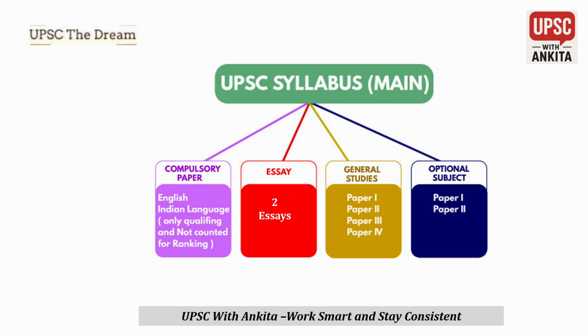Then the general studies papers. We will explain the syllabus later. Before that, we have four papers in general studies, and each paper carries 250 marks, and in total the GS paper carries 1000 marks. And then the optional paper. The optional paper is only a single subject, but we have to write the examination for two papers.